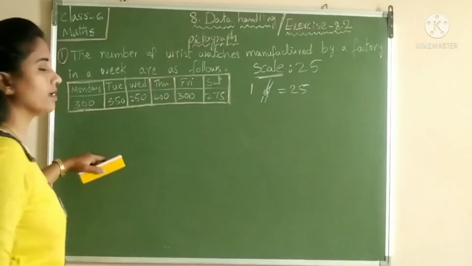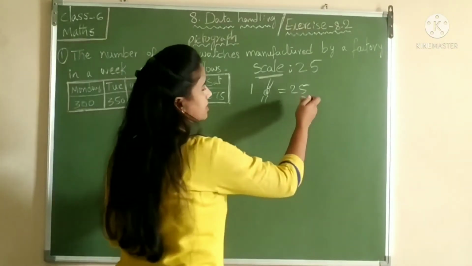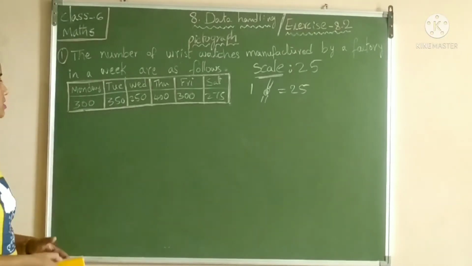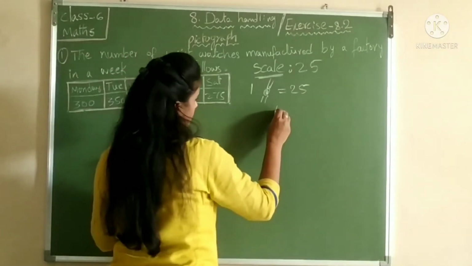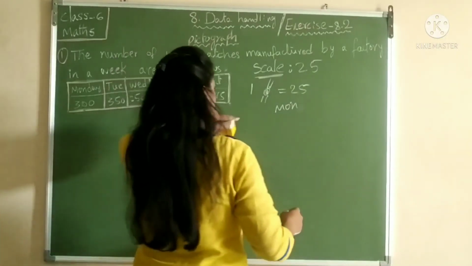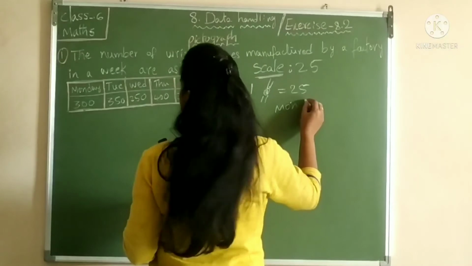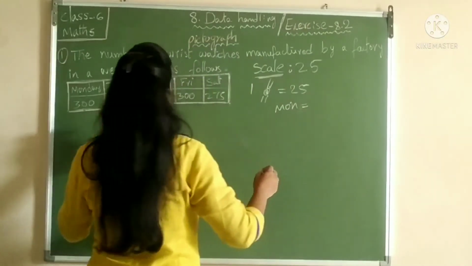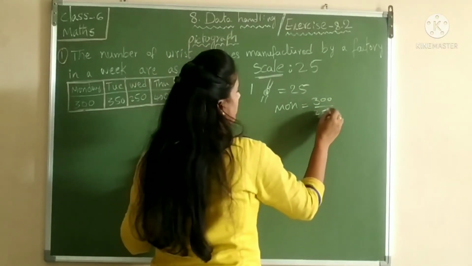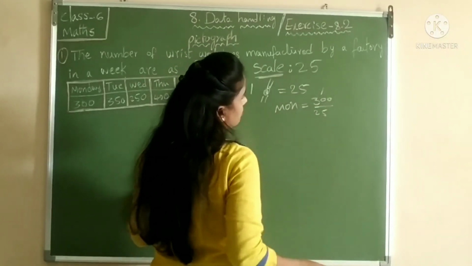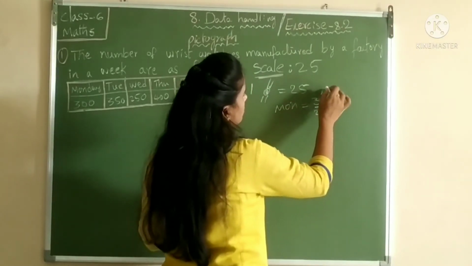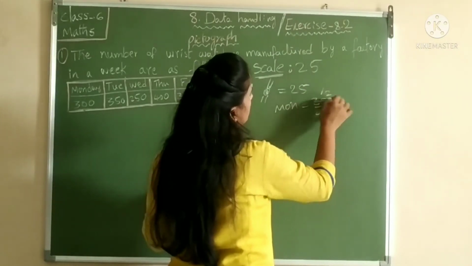And write Monday. Check whether it is an exact divisor of the given data or not. You have to check. Monday, 300 by 25. 25 ones are 25. 25 twos are 50.